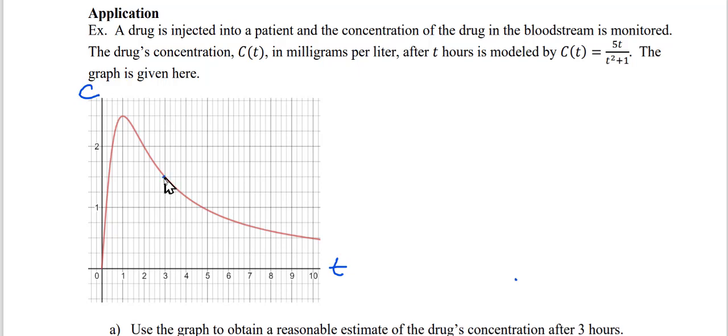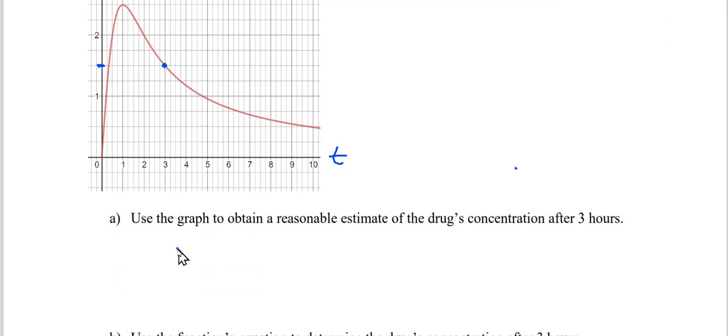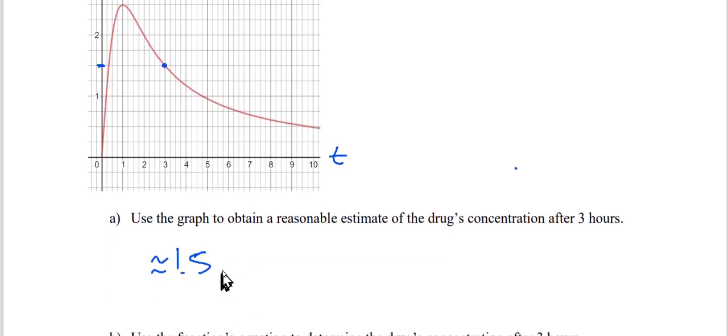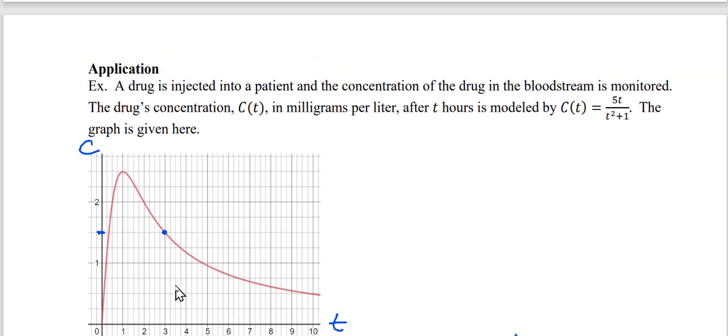So I'm going to come up here, and it appears to be 1.5, right? Halfway between 1 and 2. So it appears to be approximately 1.5 milligrams per liter of drug in this patient's system.